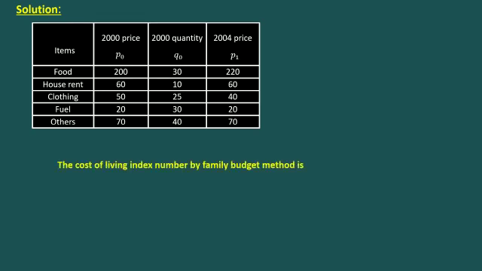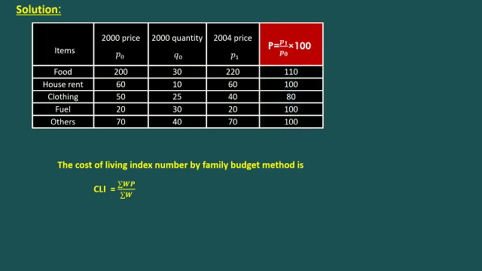The formula for cost of living index number by family budget method is CLI is equal to summation WP divided by summation W. So here P and W have to be computed. P is the price relative, which is calculated using the formula P1 by P0 into 100.